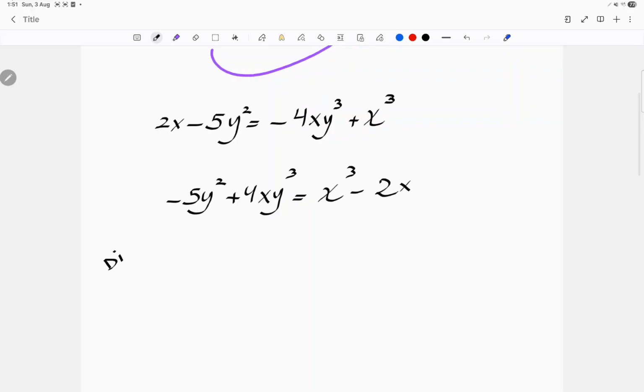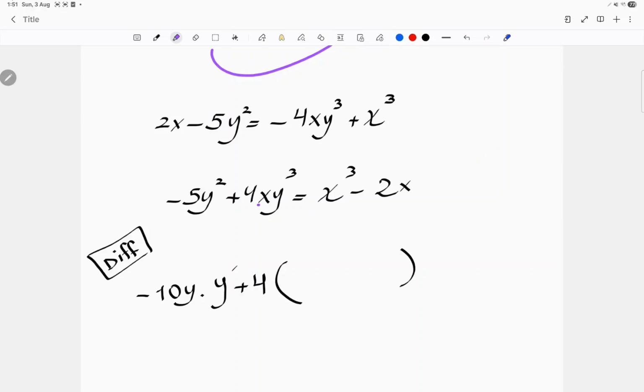And now it's time to differentiate. And anytime there is a y term, we're going to differentiate right next to it dy over dx, or just write y prime. So we can have negative 10y times y prime plus 4. The following requires a product rule.